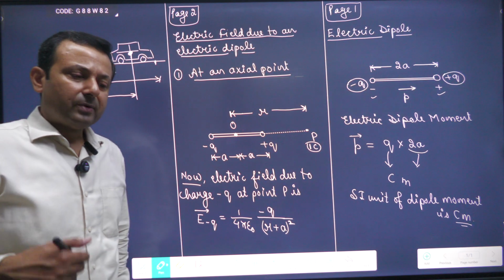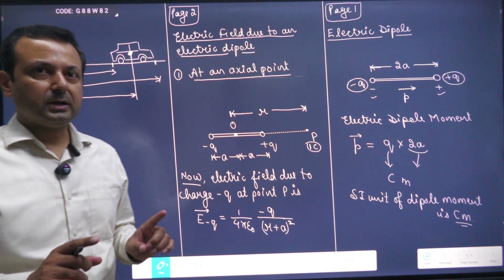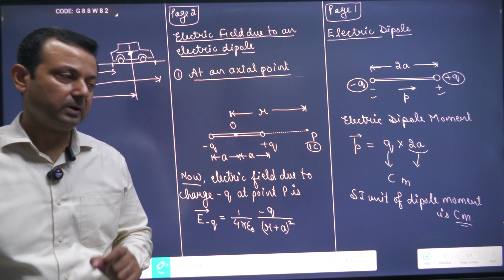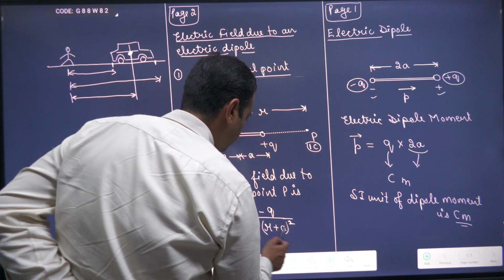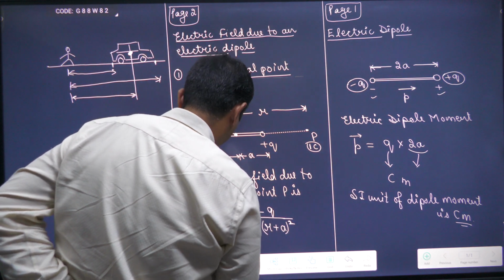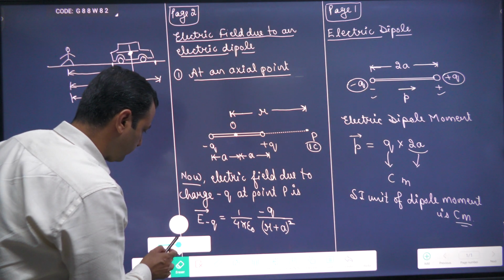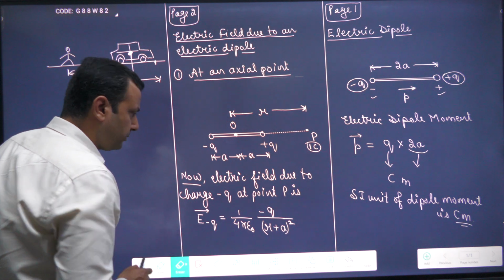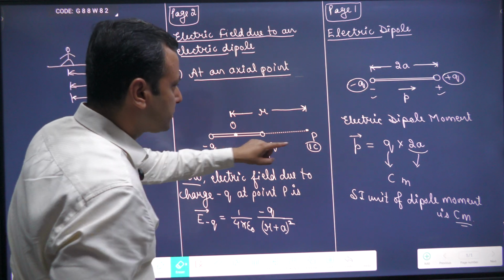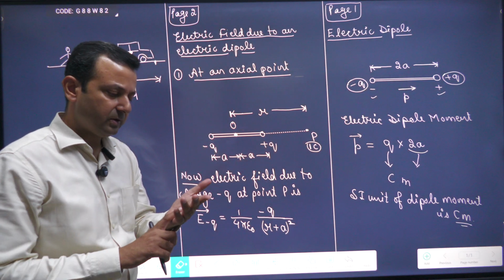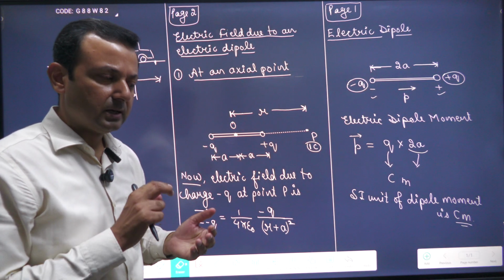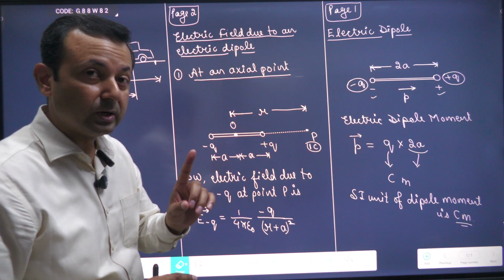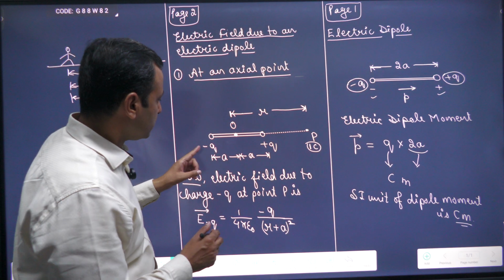Now, whenever we talk about electric field, we do not take the sign as minus q or plus q. Then why has this minus sign been taken? I will tell you. Whenever we wish to calculate the electric field at a point, we take a unit positive charge there.